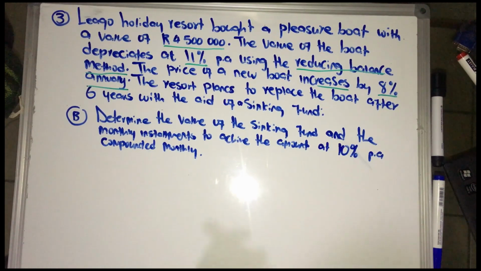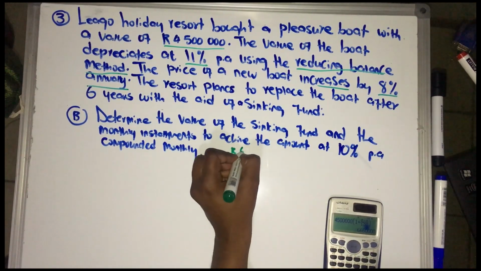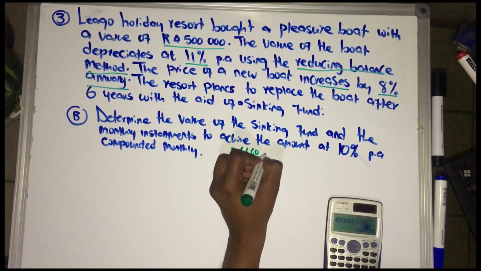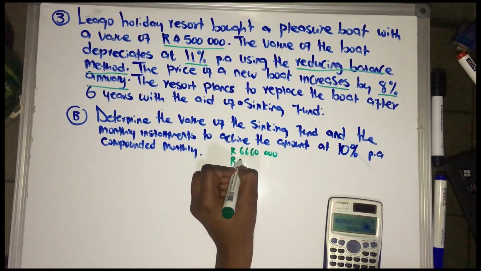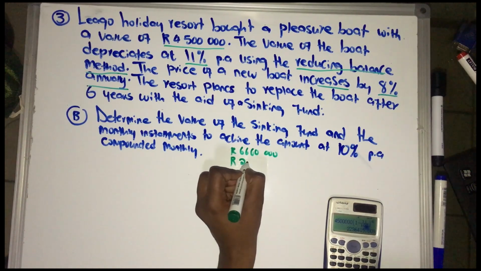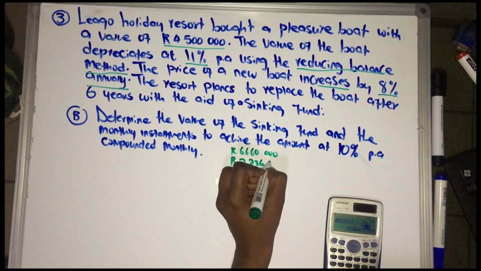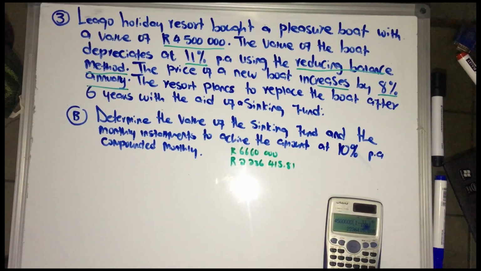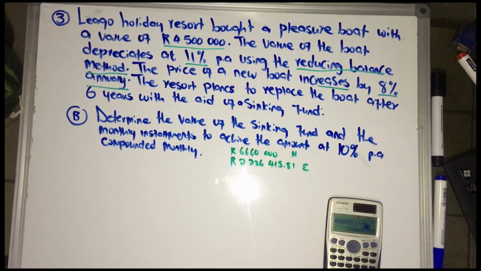We have found those values, so we know that the new price was 6,660,000 rands, and then the existing boat has decreased to 2,236,415 rands and 81 cents. Okay, so this is the new, this is the existing. So we need to find the value of the sinking fund.